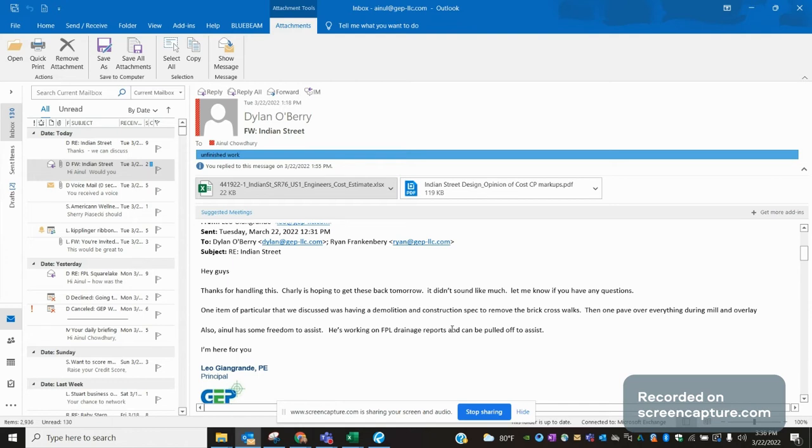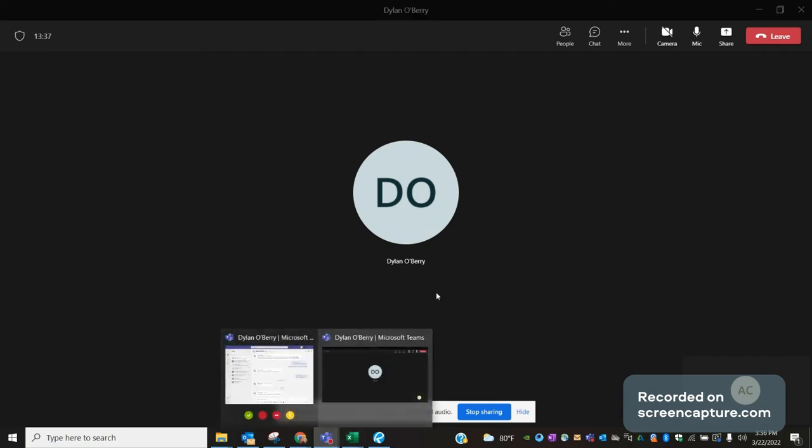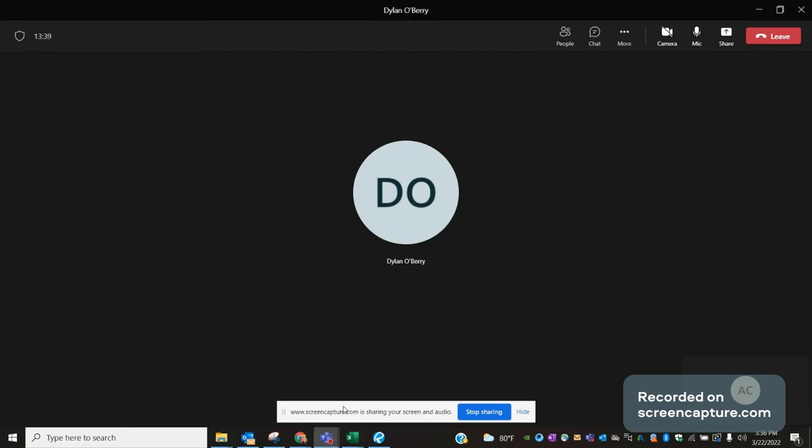So the brick paver crosswalks you might be familiar with on roads. I think I have to see it on plan. Probably it's on plan. Yeah. So back in the day, like 10 years ago, they were really popular to put in, in Martin County especially.